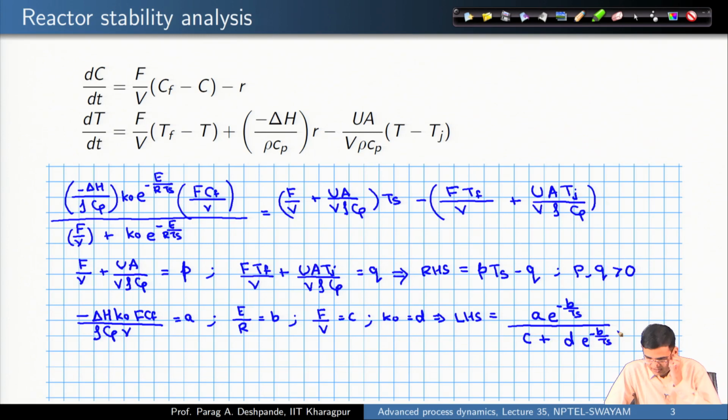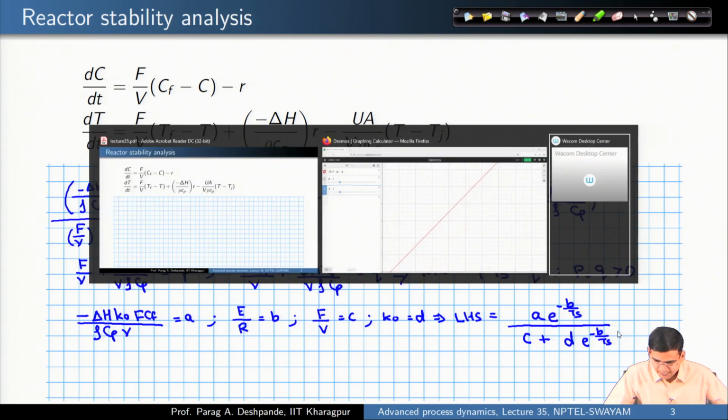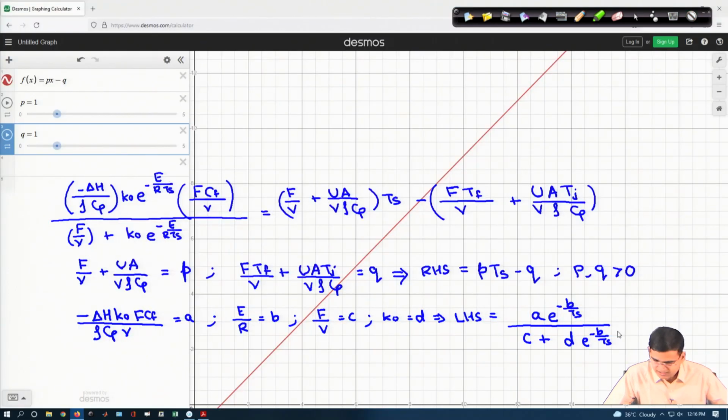Okay. So, A e to the power minus B upon T steady state upon C plus D e to the power minus B upon T steady state. So, let me try to plot this function now.